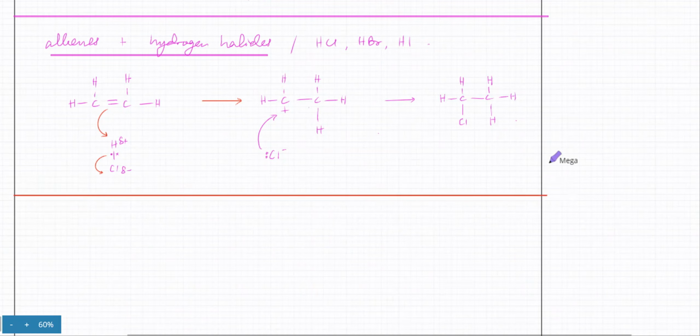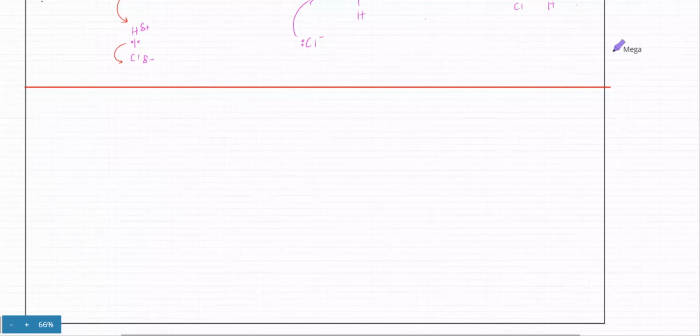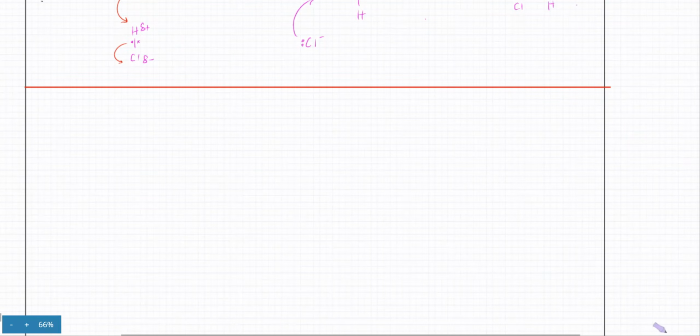Now the last one is kind of different. The last one is known as heterogeneous catalysis, and that's hydrogenation of alkenes.